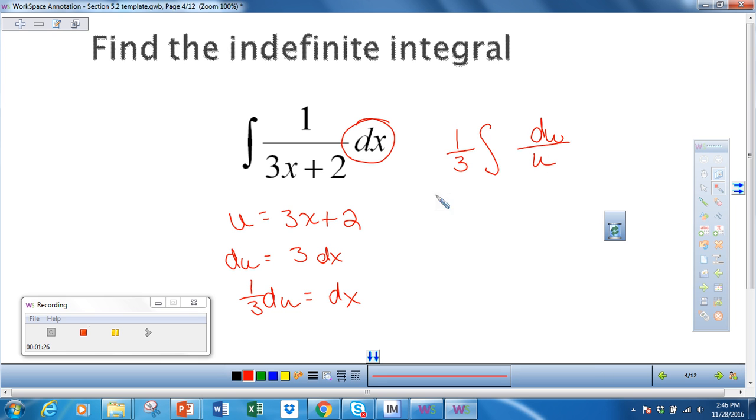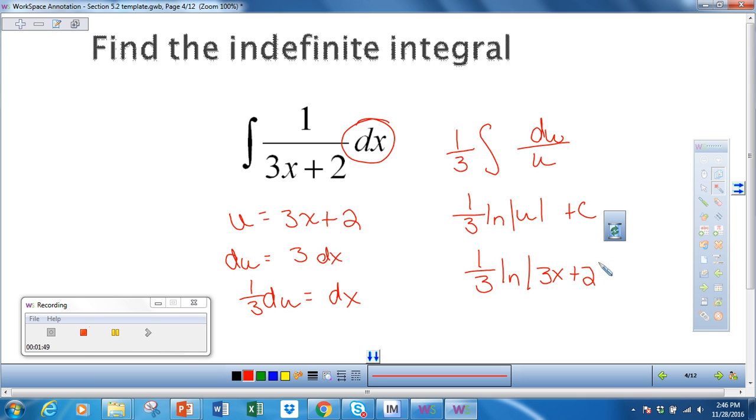Well, hopefully when you see that, you recognize that du over u is simply the natural log of u. So this would be 1/3 the natural log of u plus c, which of course we can write as 1/3 the natural log of the absolute value of 3x plus 2.